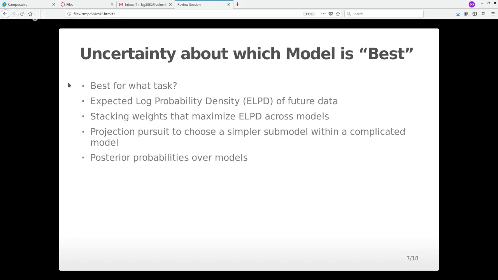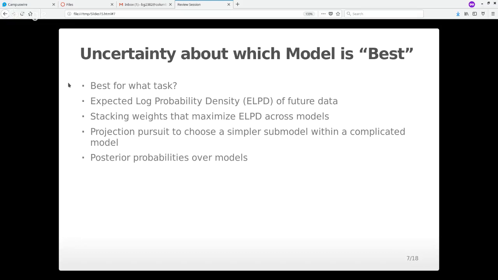And so this whole idea about posterior probabilities over models basically involves a contest to see which model's prior predictive distribution turned out to be most consistent with the data that you observed, collected, and conditioned on. Whereas some of the things that we talked about before, expected log predictive density, is which model is expected to predict future data the best, which model is expected to have the best posterior predictive distribution of future data.